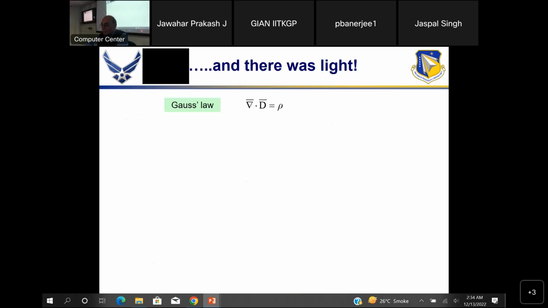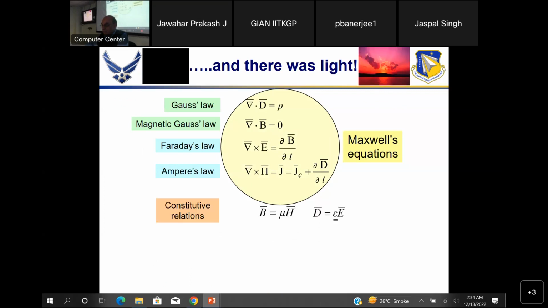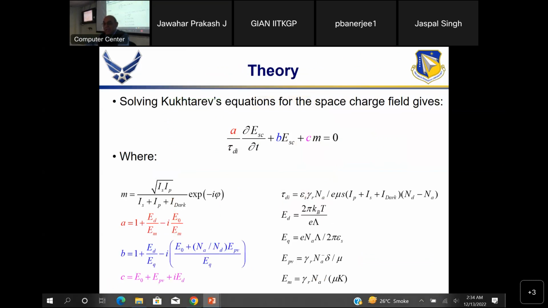And maybe what I'll do is I'll stop there, because what I want to do is just show how the coupling between these Maxwell's equations and the photorefractive equations can be done in a very simplified way, to show finally what's called the gain equation in the photorefractive, meaning how the space charge field evolves as a function of time, because the space charge field determines the gain inside the material.